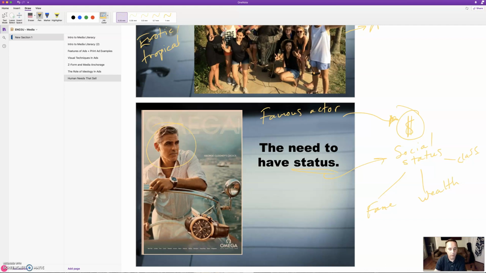And what's the product? Well, we've got this watch, and we see he's wearing a watch as well. Notice the setting. We have kind of a European vacation setting look. Maybe Greece or southern Italy or something like that.